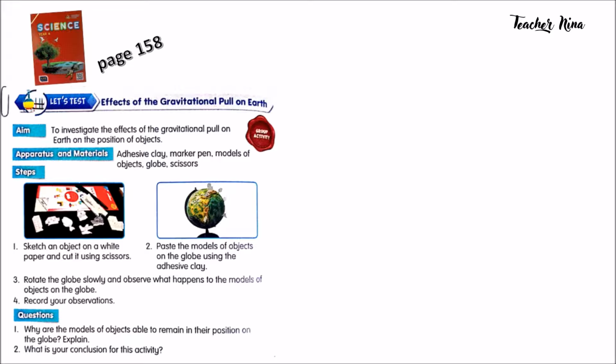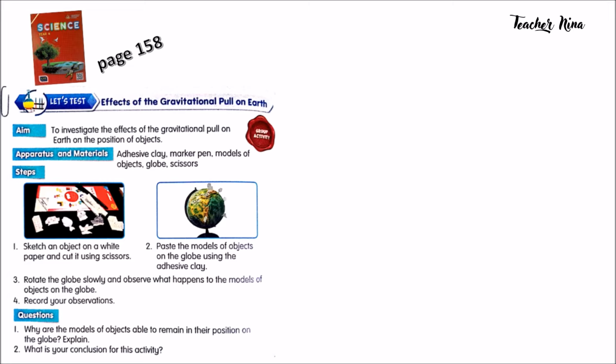If you look at page 158, the clay is white in color, if I'm not mistaken. There are other colors as well. We have blue tack or the green ones. It looks like clay, but it's actually adhesive. Okay, and then you need to also have models of objects.